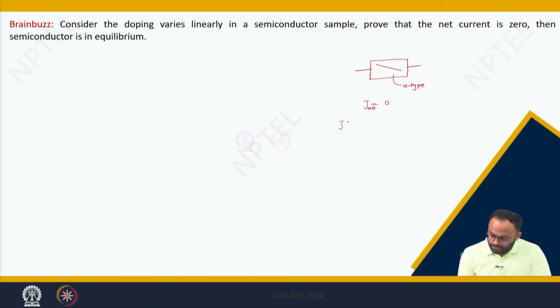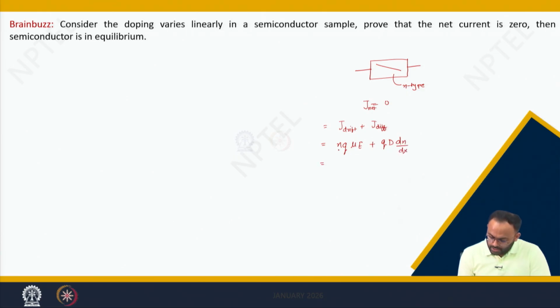So we can start with our basic understanding. The net current is nothing but drift current plus diffusion current, and we need to prove that J is equal to 0. So we will start with J drift plus J diffusion. J drift can be written as n q μ E, plus the diffusion term, which can be written as q D dn/dx.